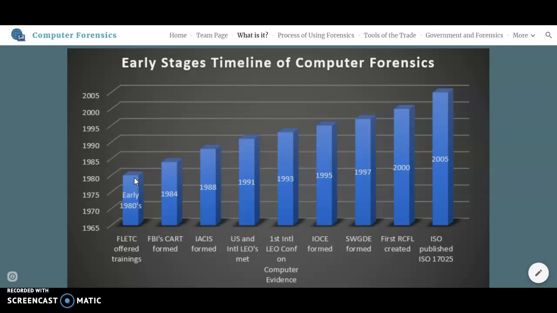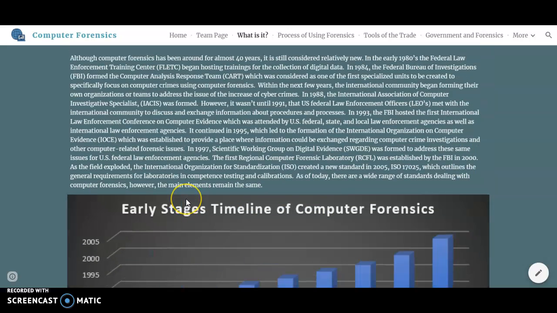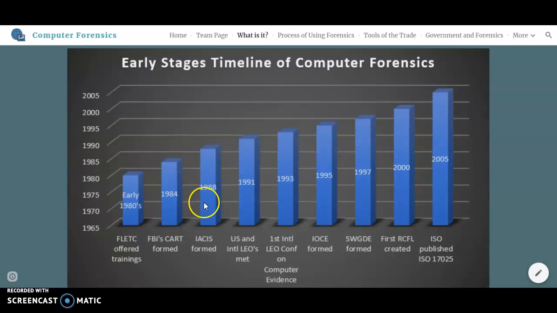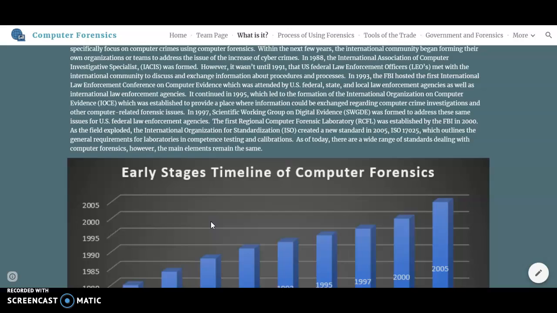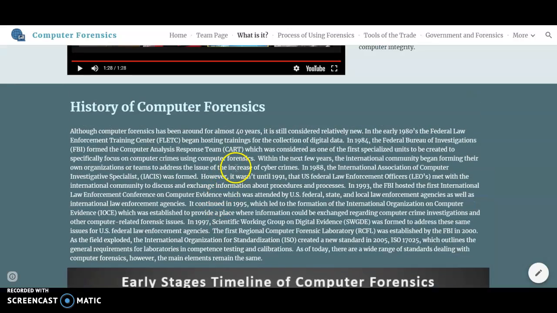It wasn't until 1984 that an actual team was created, which was through the FBI, and it was the CART team, which stands for Computer Analysis Response Team. And then IACIS came in several years later, and they are the International Association of Computer Investigative Specialists.